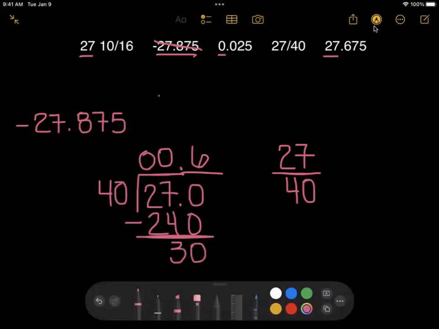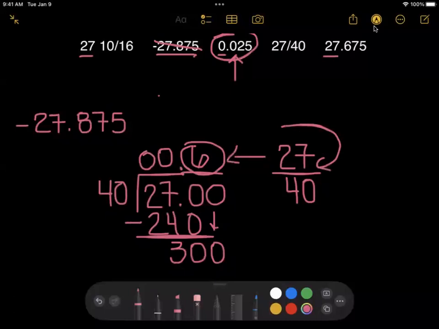Now, if I wanted to keep going, I could add a 0 and bring it down and keep going. But I've already found what I'm looking for. I found a 6 in the tenths place. This number has a 0 in the tenths place. So I know that this number right here is going to be less than this number, which makes it less than this number.